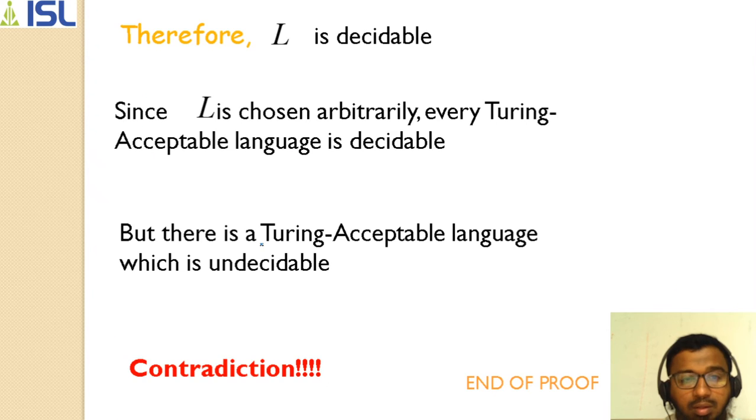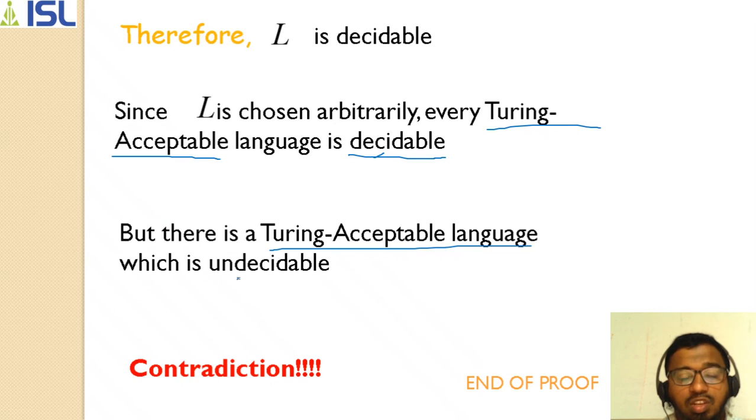So here L is decidable, since L was chosen arbitrarily. Every Turing acceptable language is decidable. Remember this. But there is a Turing acceptable language which is undecidable.